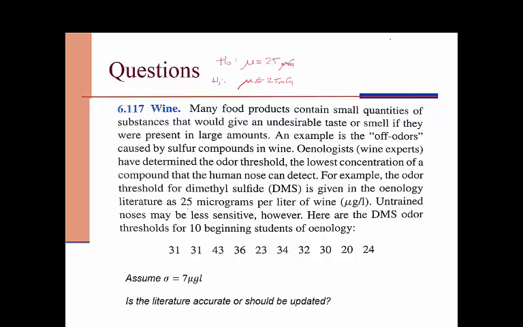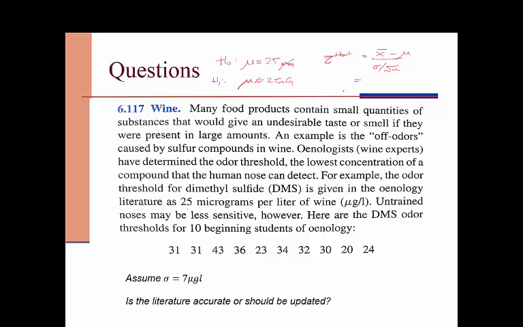Okay, so I have these values. Now, I need to compute the z statistic. Right? That's x bar minus mu divided by sigma over square root of n. What is my x bar? Well, it's the average of these 10 numbers.